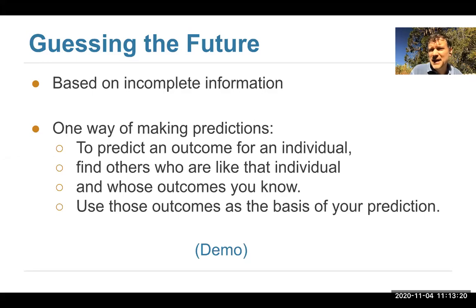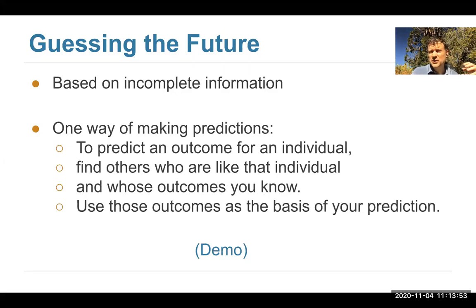Let's say you're a doctor and a patient comes in with some blood test results, and you're trying to predict what the diagnosis is, or what the risk is, or what the future will hold for that person. One way to make a prediction for some person is to find others who are similar to that person, and where you know how things turned out for them, maybe in your historical data set.